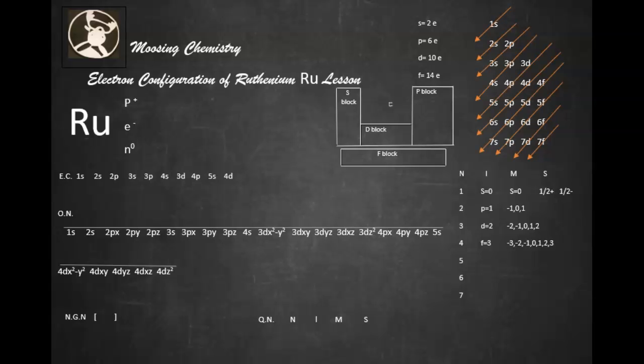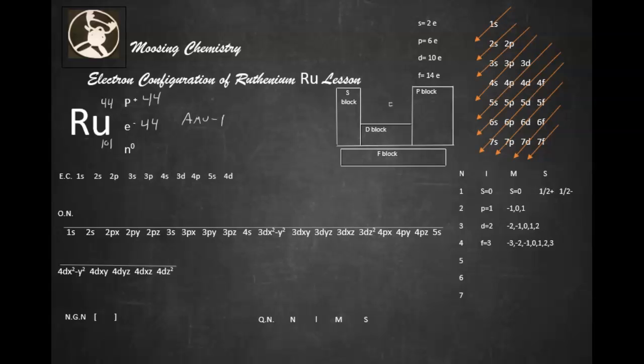Now, ruthenium has an atomic number of 44 because it is element number 44. So let's go ahead and write 44. And its atomic mass number is 101. So we're going to have 44 protons, 44 electrons. What about our neutrons? Well, it's simple.